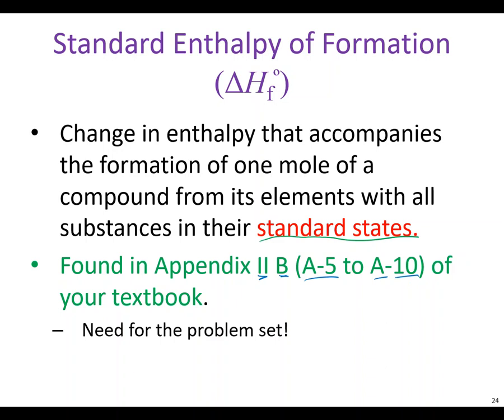You should be able to reference it. They might even have a quick link that takes you right to that particular section in the problem itself. So when we do some of the problems from the textbook problem set, reference Appendix 2B to get your delta H of formations for the different compounds in the reaction.